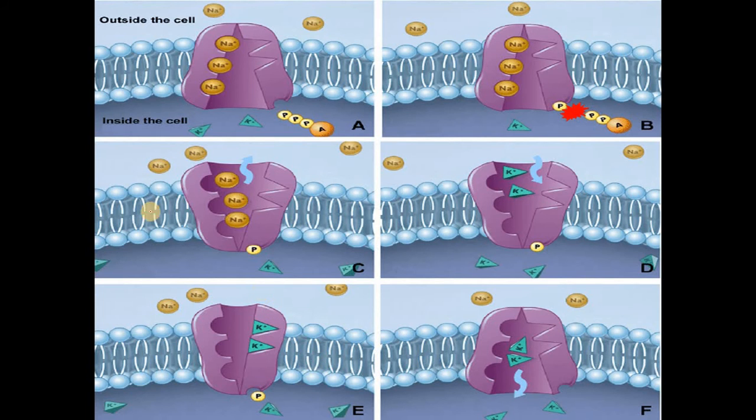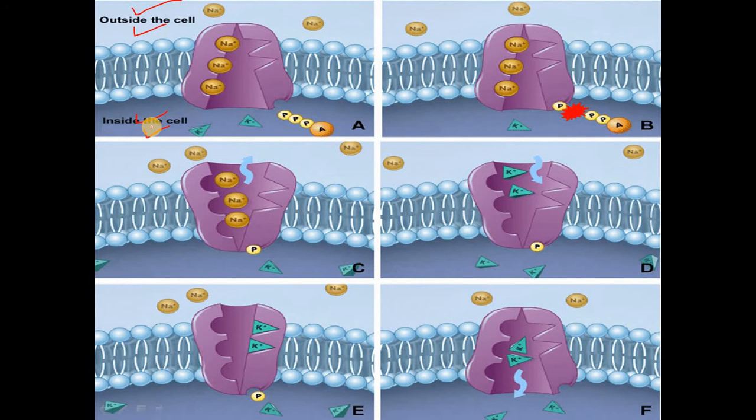Step by step we will see. Outside the cell is called the extracellular fluid, while inside the cell is called the intracellular fluid. The extracellular fluid has a higher concentration of sodium ions, while the intracellular fluid has a higher concentration of K plus ions.